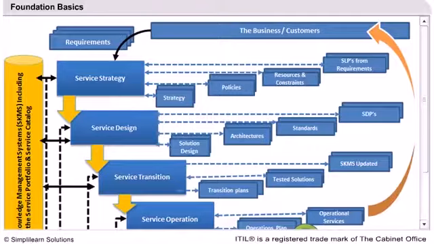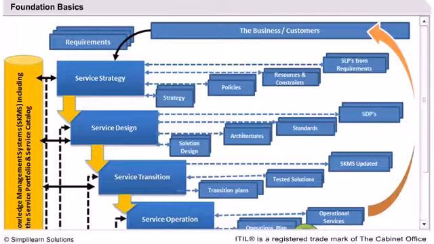Now this goes back to the customer or business. Once the organization plans strategy and agrees with the customer or business, the design phase is triggered, where we prepare the blueprint of the strategy that we have in our mind. Preparing solutions, design, architecture, and standards with a service design plan is sent to the customer or business for their sign-off.